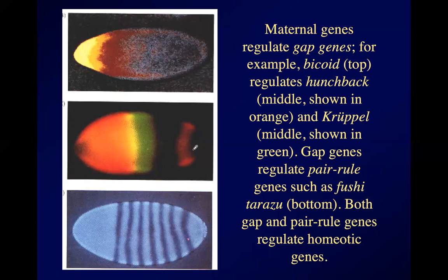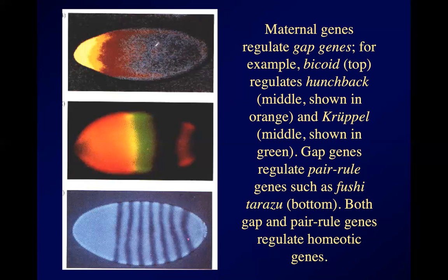These are gap genes, and the gap genes switch on or switch off pair rule genes that regulate where the segments are going to go. Down here below, this is an embryo that's been stained to show the area where a gene called fushi tarazu has been activated. I believe that's Japanese for too many segments, because if it mutates, you end up with an embryo with extra segments.